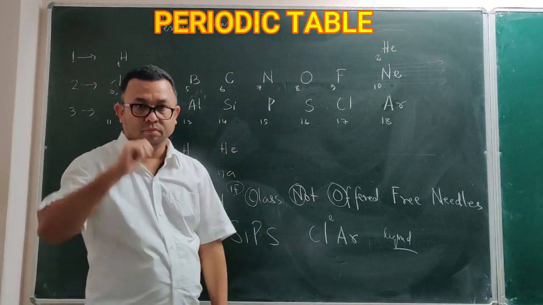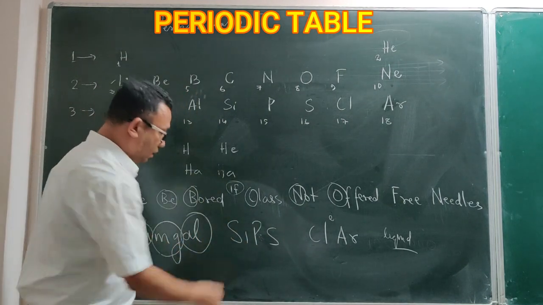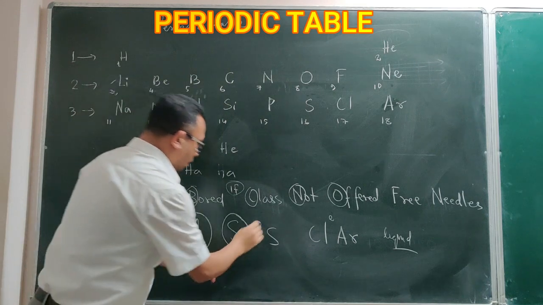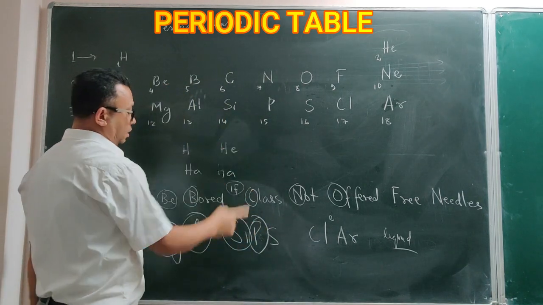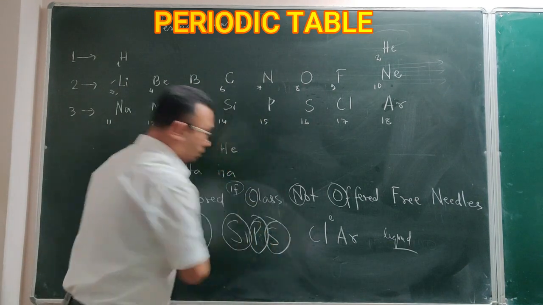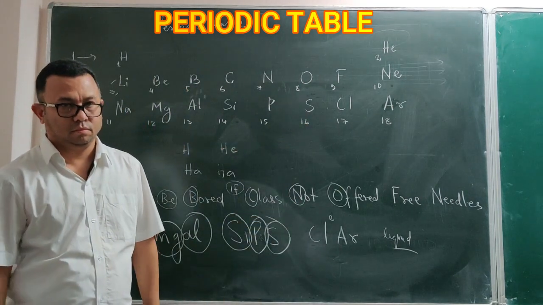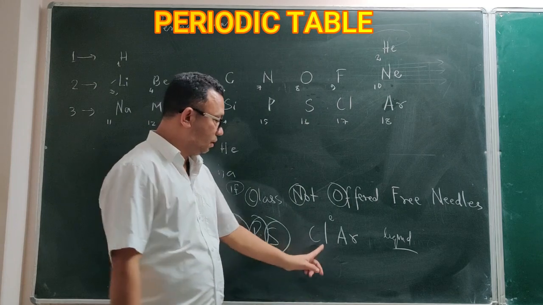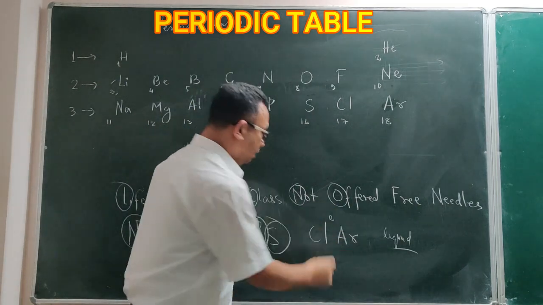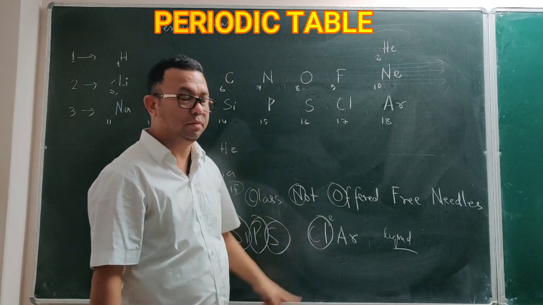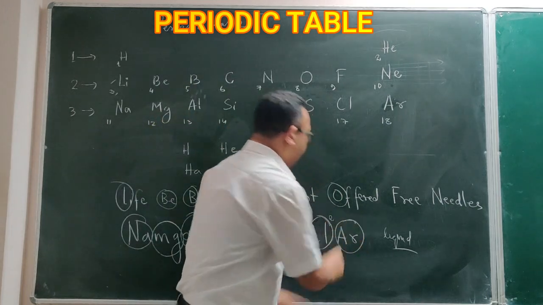Sips is helping us with three more elements. Silicon, here you are. Now phosphorus and sulfur. Yes, sulfur is another one. Then clear will help us with two elements. Cl is chlorine, you can see the 17th element, and finally the 18th element.